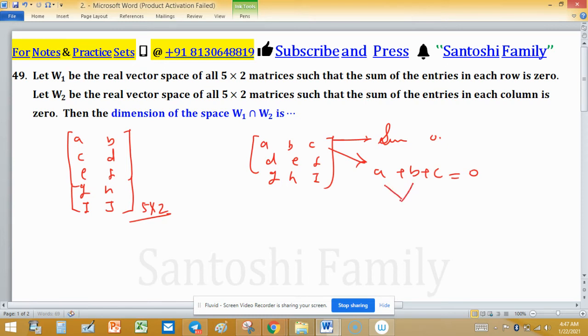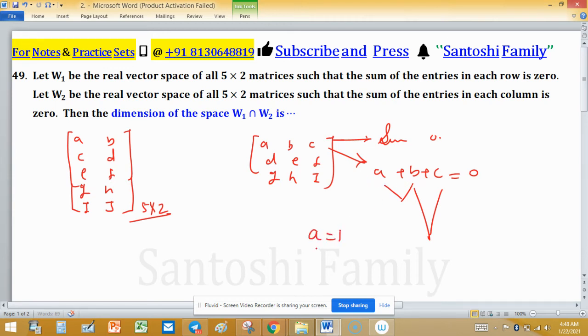It means you are independent to choose either A or C. This is the first pair, then B will be the additive inverse of their sum. If you choose A and B, then C will be the additive inverse of their sum. If you choose B and C, then A will be the additive inverse of their sum.